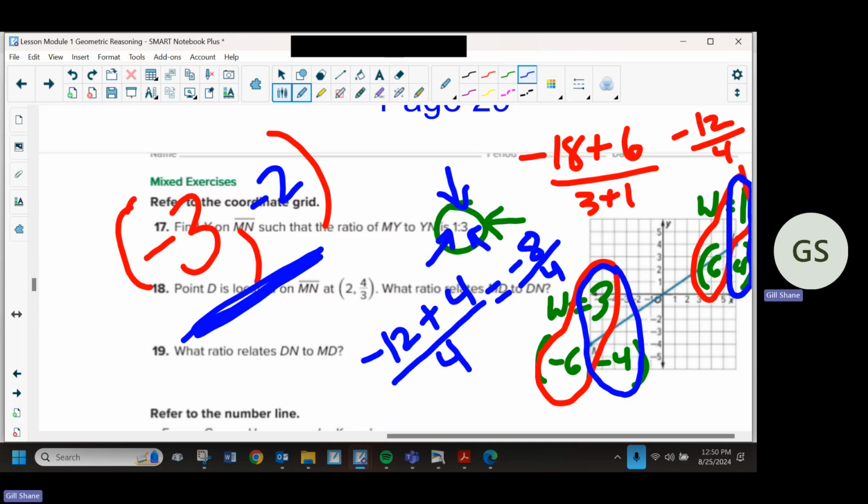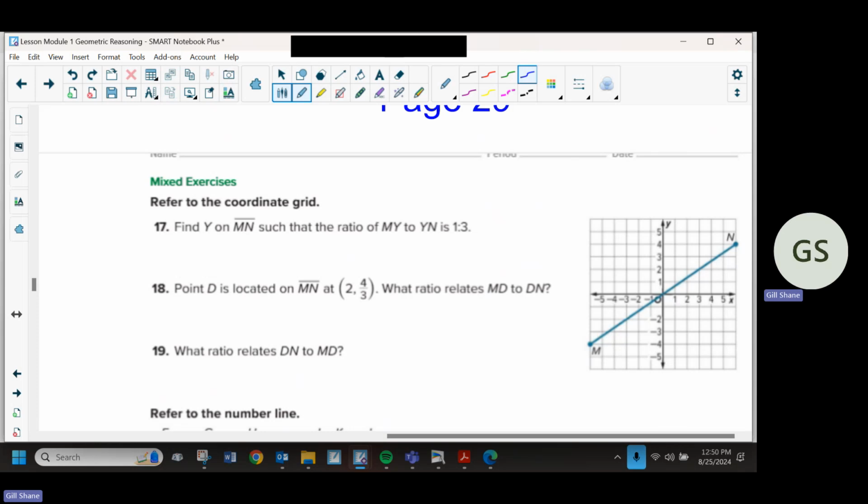I'm going to get rid of all that. You can always come back if you need to. So -3, -2. And the good news is I fall right on the line. So that makes me feel pretty good about my answer already. That's the left part of the line. So that would kind of be represented by the 1. That's the right part of the line.